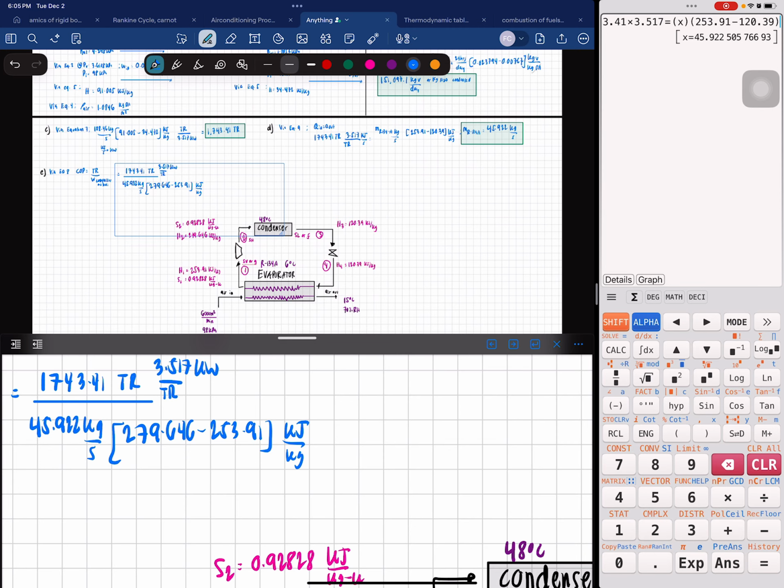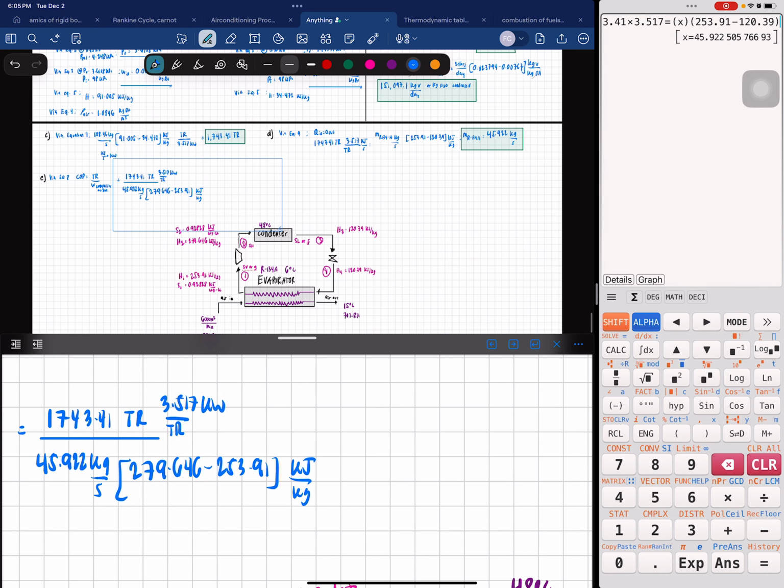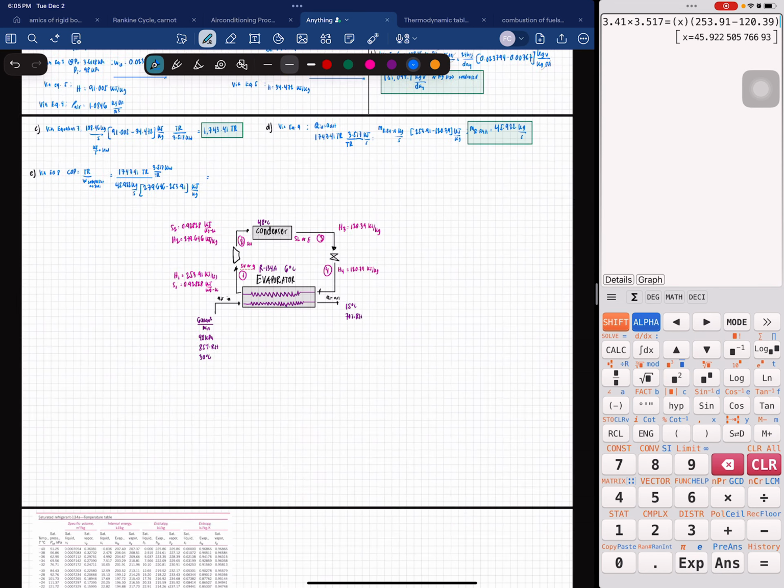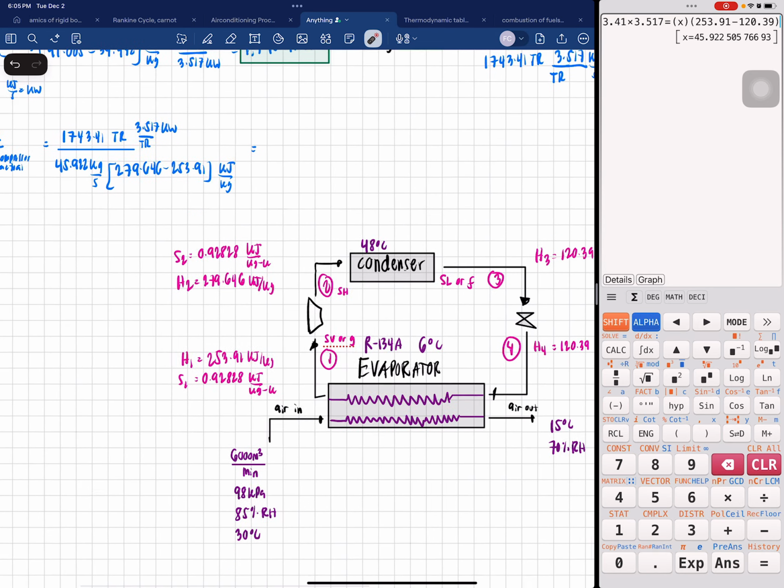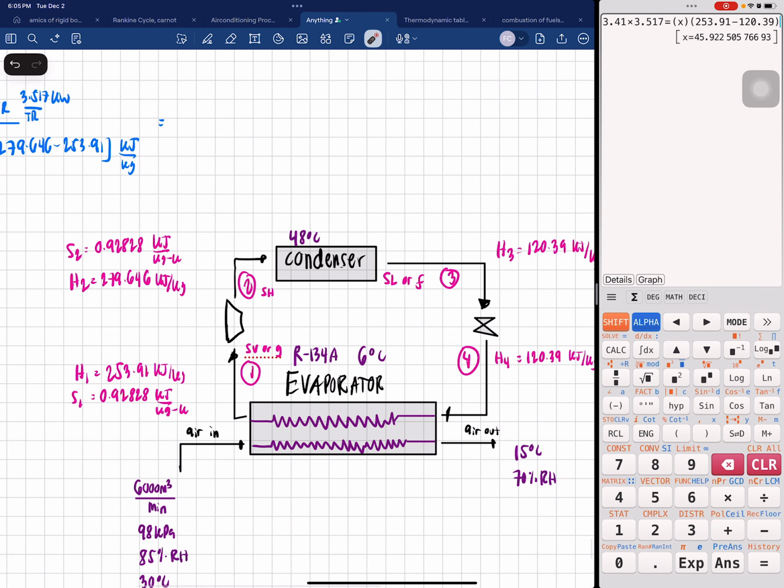So remember that the amount of refrigerant going in the system, if this is 45.922 kilograms per second of refrigerant, this would also be 45.922. It's the same here, assuming no losses.